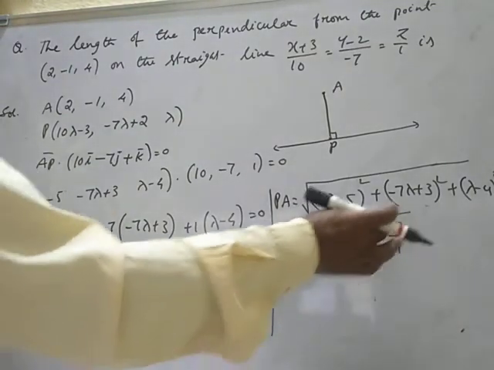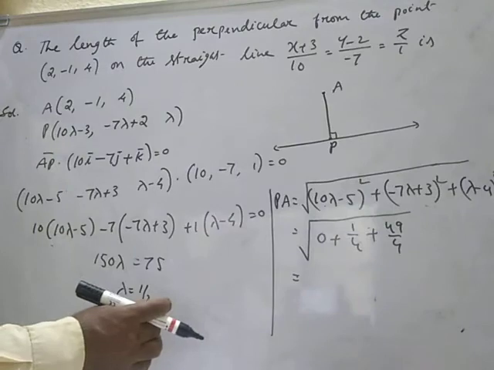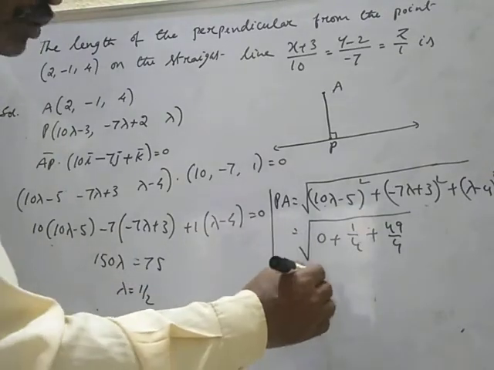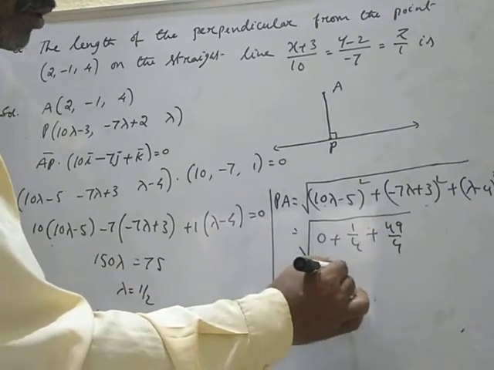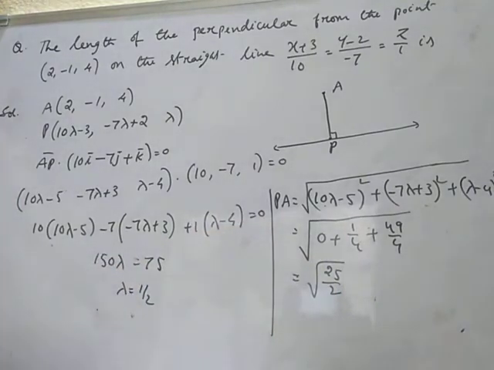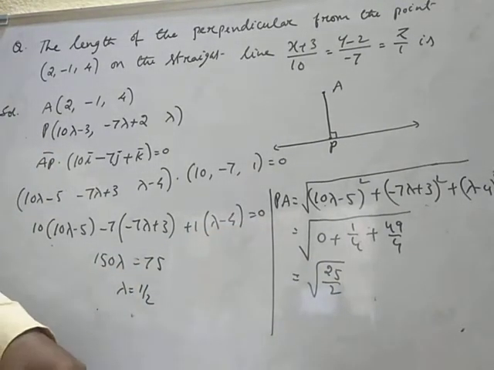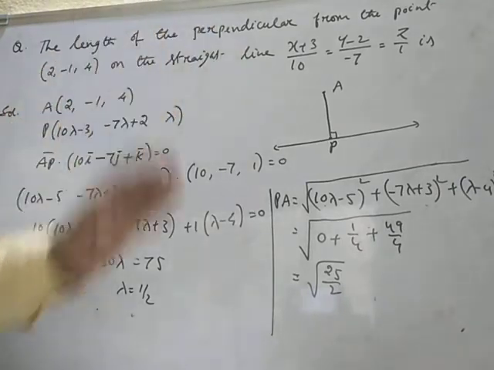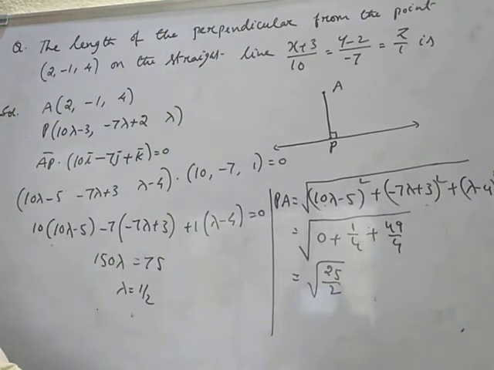That is equal to 49 plus 1, 50 by 4, 25 by 2. So root of 25 by 2 is the length of the perpendicular from the point upon the straight line.